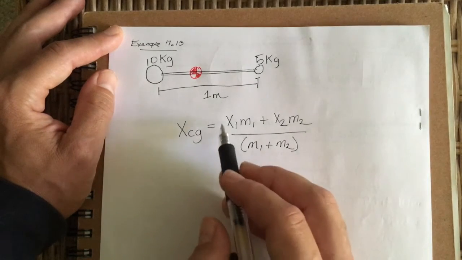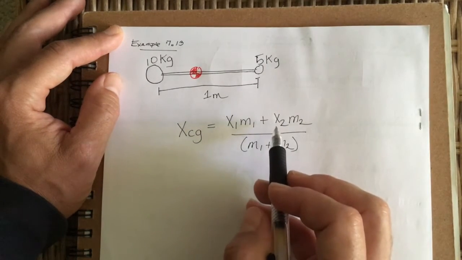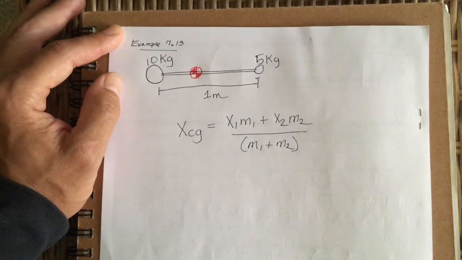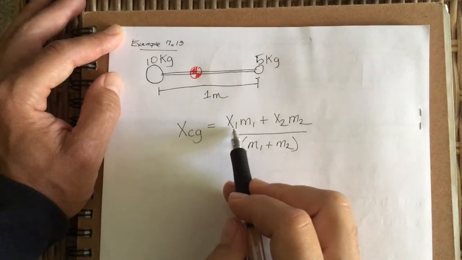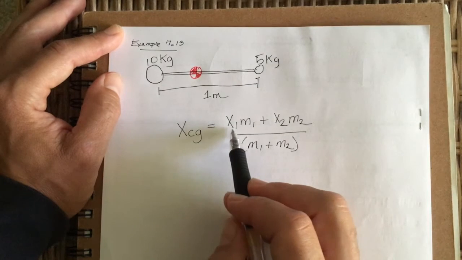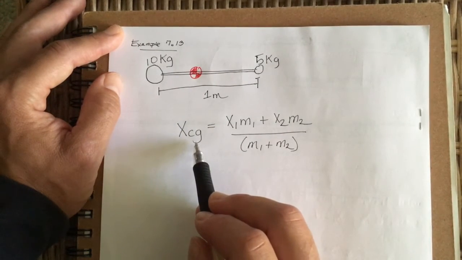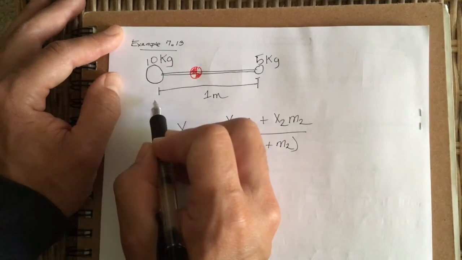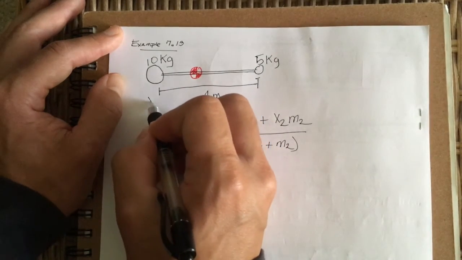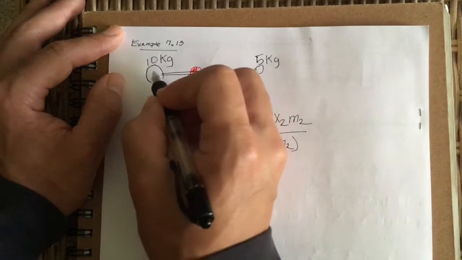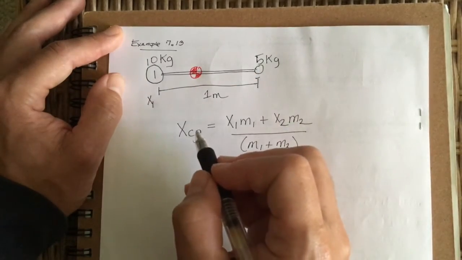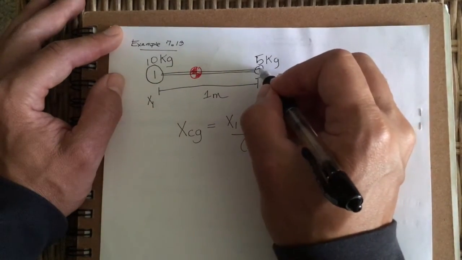All right, so what is x1 and x2 though, right? Well, it's just position, right? So it's not even distance from the pivot. This is just a position. So if that's the case, then we can call this position x1, because I assume this is mass 1 and this is mass 2.